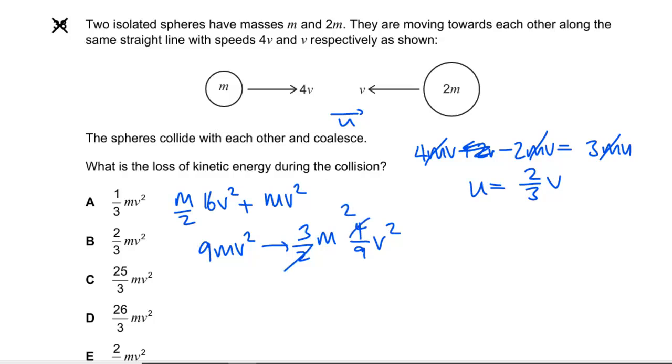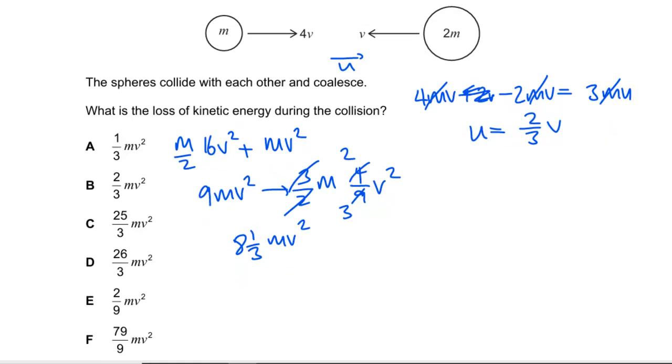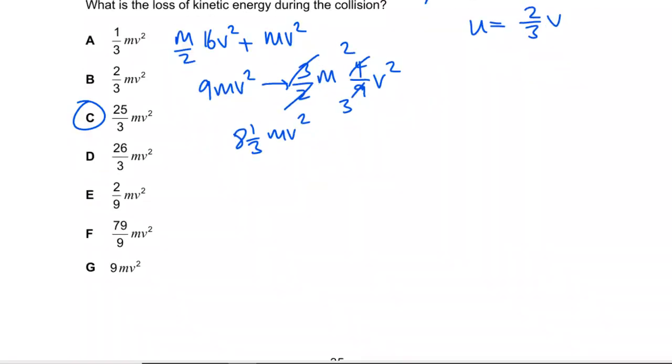So that goes away and becomes a 2. That goes away and becomes a 3. So I probably shouldn't have squared the 2/3 because it's just come back to 2/3, isn't it? So I've got 8 1/3 is the difference between those. 8 1/3 mv squared. So where's that? Is that C? It is, isn't it? C. That's 8 1/3. Okay.